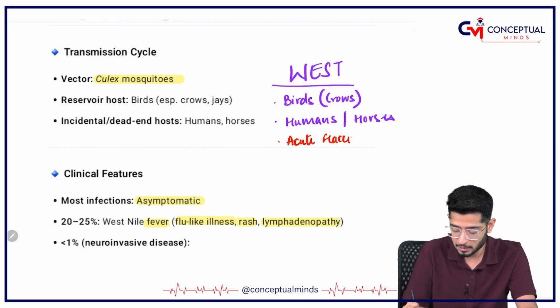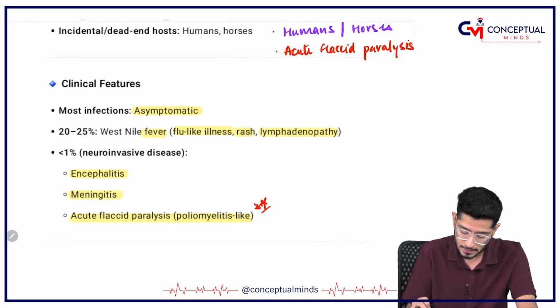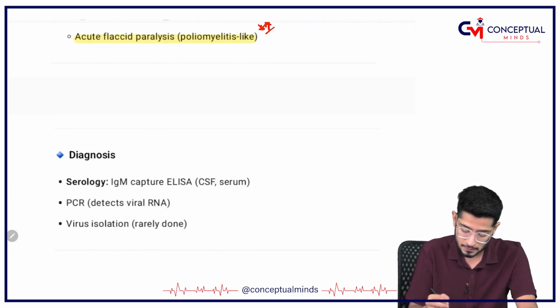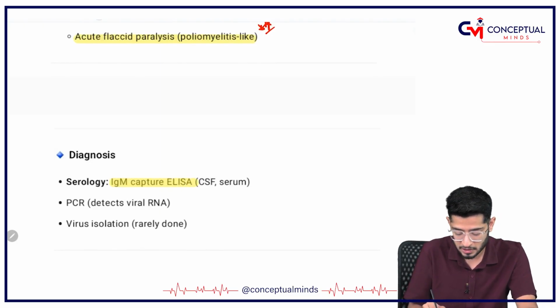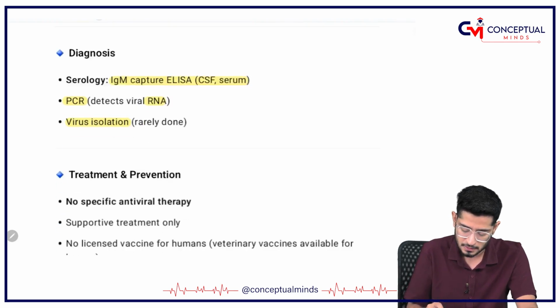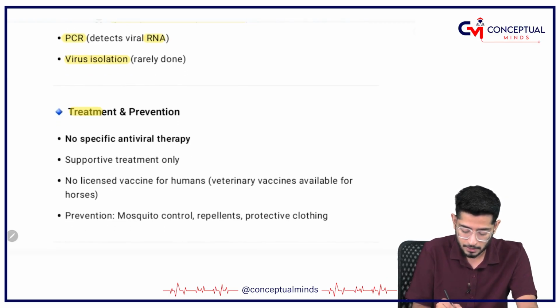Okay, yes, clear? So diagnosis, how will you diagnose? Because if it goes to the brain, you will have IgM capture ELISA on CSF and serum, PCR that detects the RNA, and viral isolation is rarely done. Treatment: there is no specific treatment, you will give supportive treatment only, right?